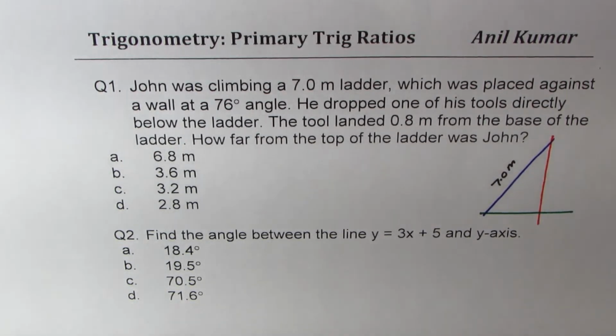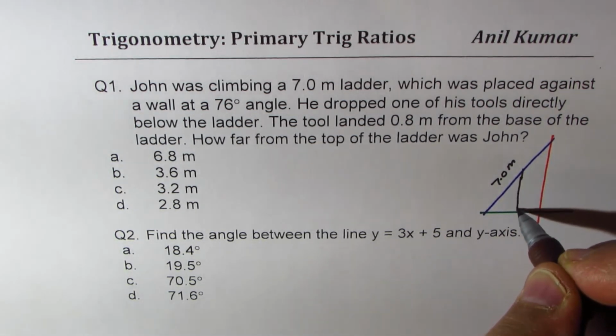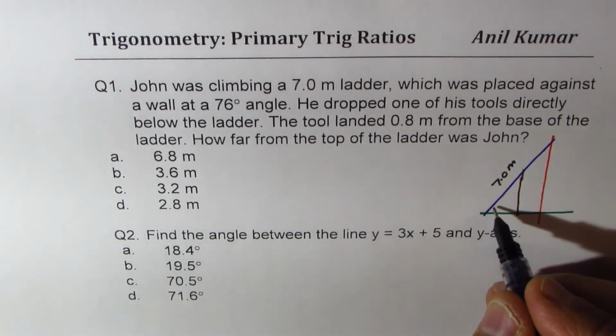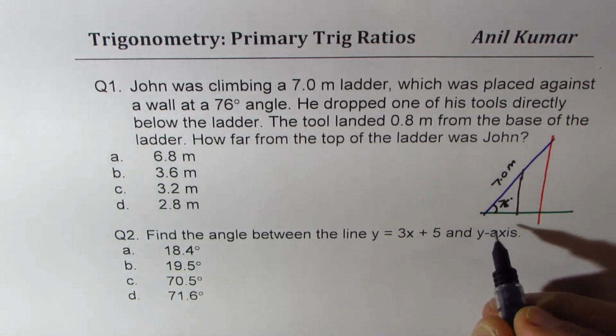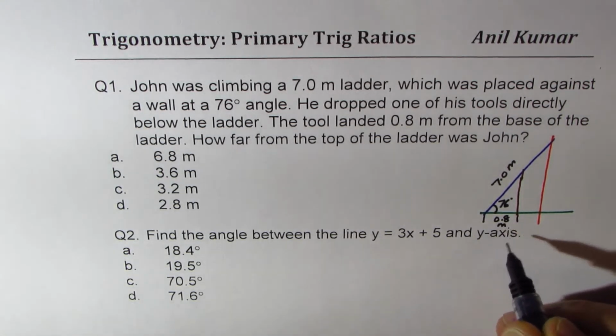And somewhere the tool is dropped. So let's say this is the position. Now the angle here is 76 degrees and this position is 0.8 meters. Everything is in meters, correct?